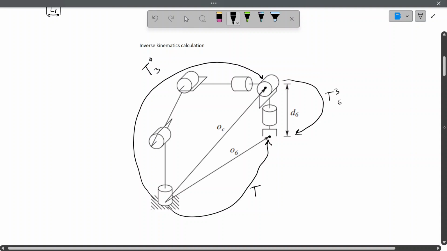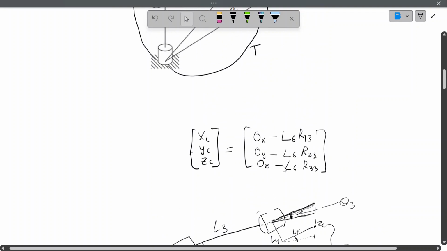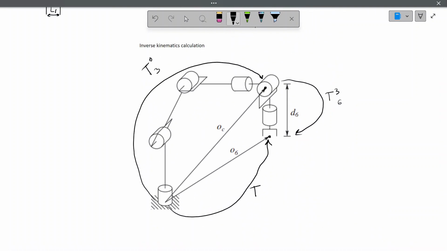So firstly we calculate the first three joints. So that's why we draw here only the first three joints, and here we have the ZC. So this point has coordinates XC, YC, ZC. So it's this point.